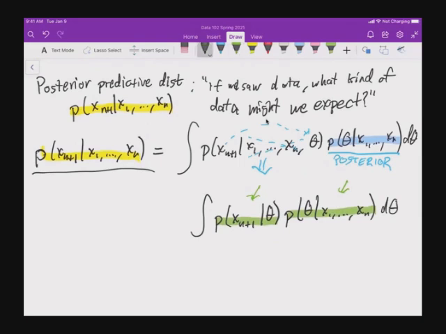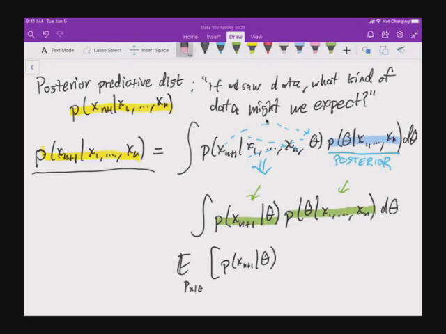I kept talking about this average thing. This is really the expectation of p of x_{n+1} given theta, where this expectation is with respect to the posterior distribution.